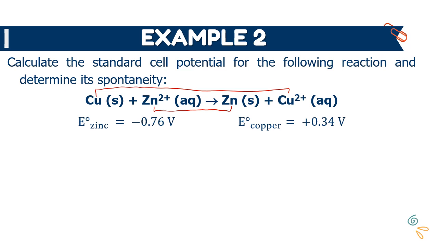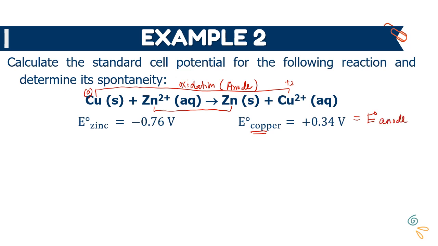As you can see over here, copper 0, copper 2 plus, positive 2, meaning this is your oxidation process. Oxidation process will occur at anode. Straight away I will label. So E naught copper over here is my E naught anode.